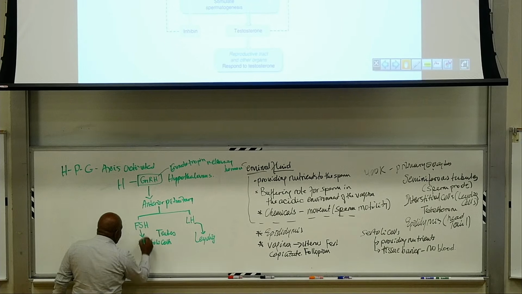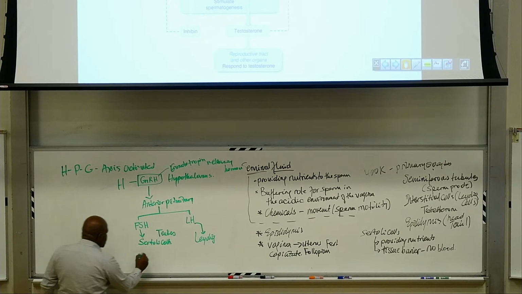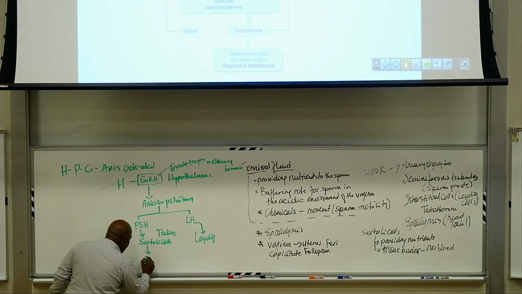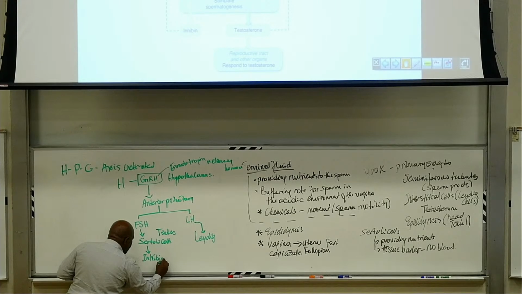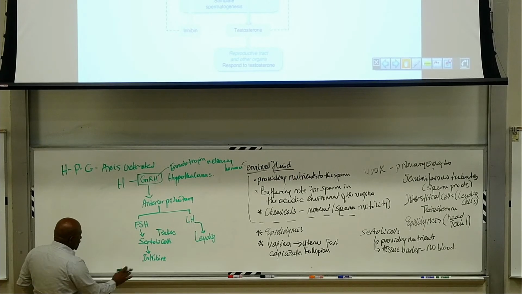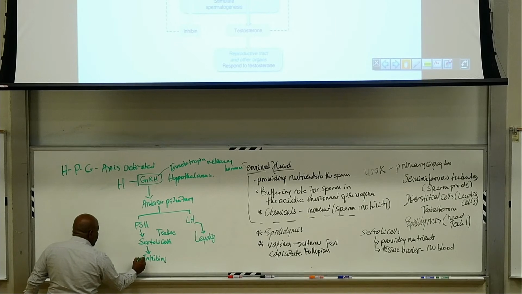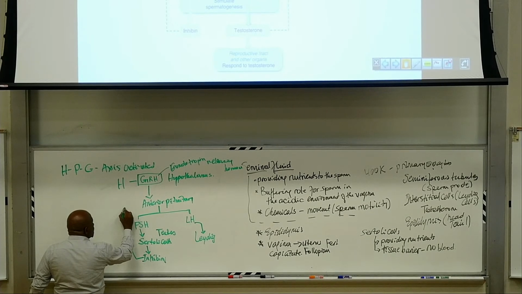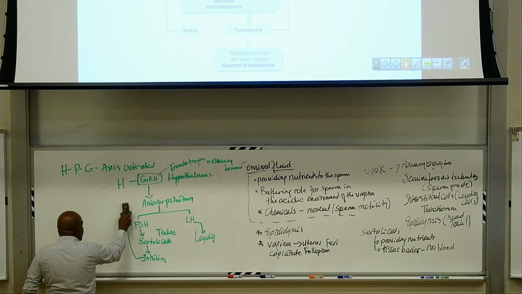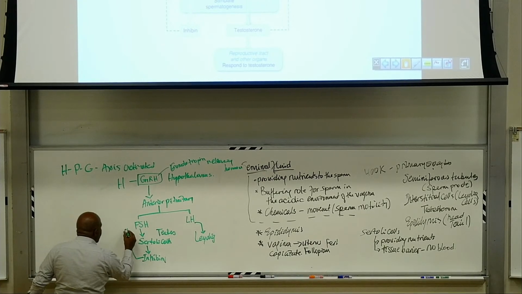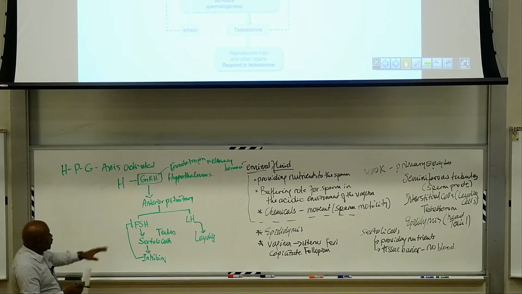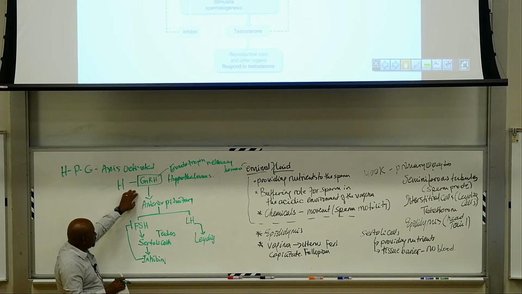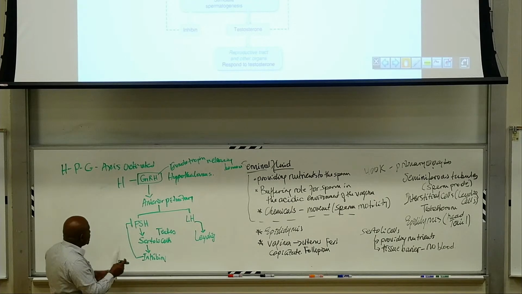The Sertoli cells, through the action of FSH, produce the so-called inhibin. It's a protein hormone, which is important for the negative feedback regulation of FSH release.